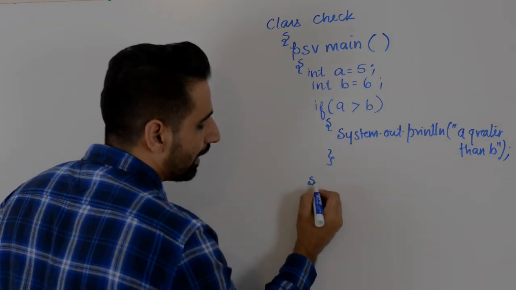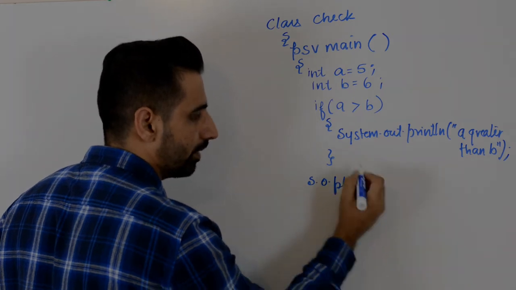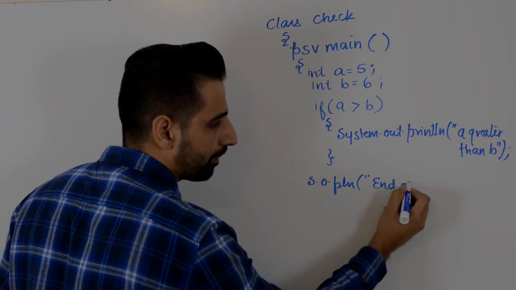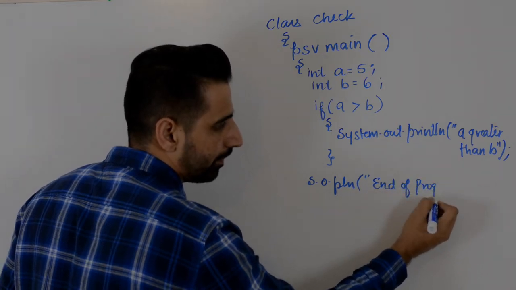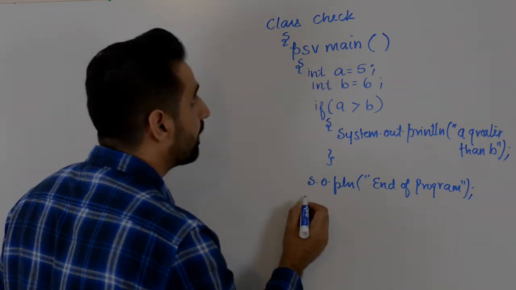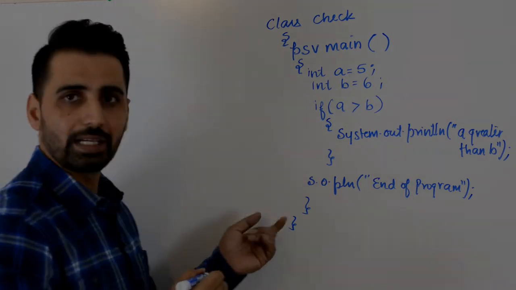And then at last I write System.out.println, I'm writing just a short form, end of program. And then this main close, and this one is closing of the class bracket.